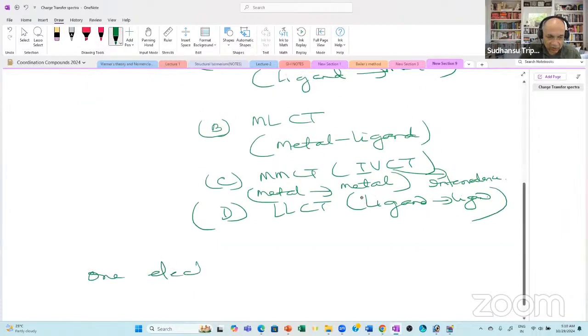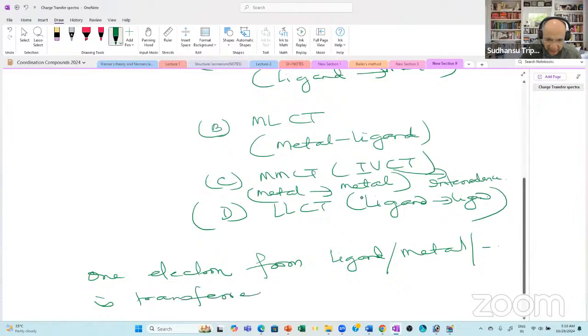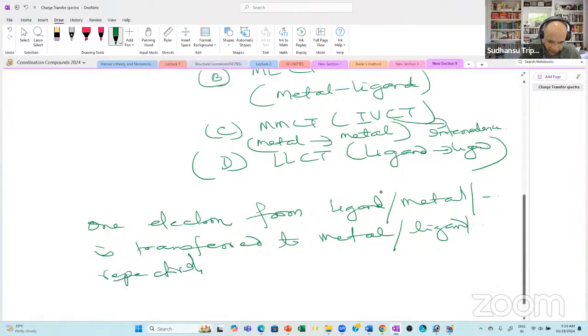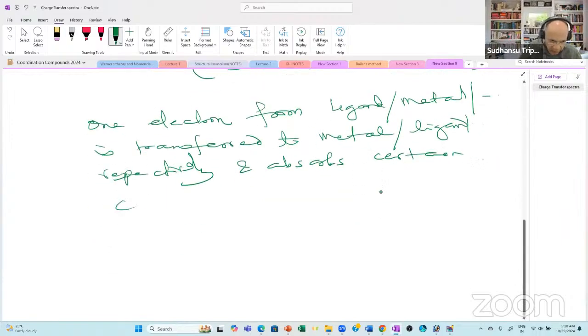One electron from either ligand or metal, I'm not writing to make it complicated, is transferred to metal or ligand respectively, and absorbs a certain color.